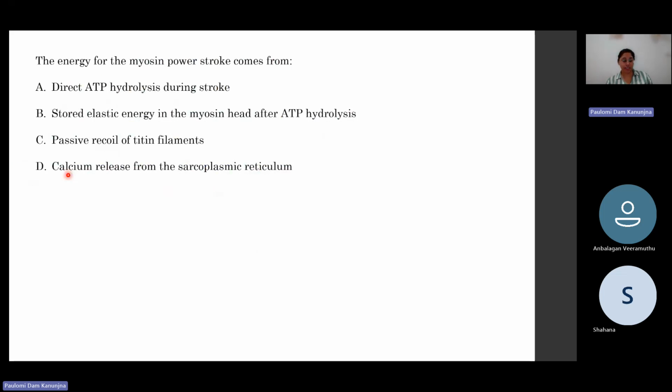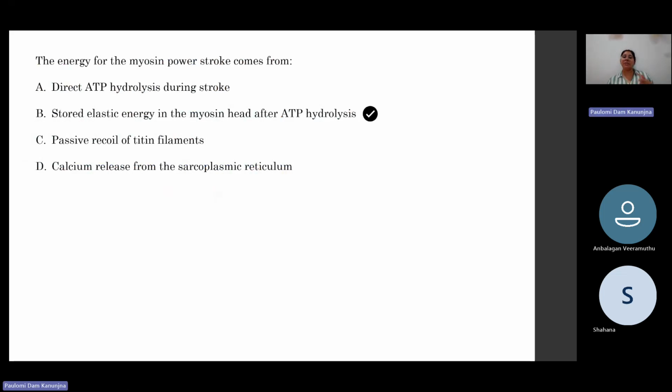Yes, for this part. So the energy for the myosin power stroke, or this movement of actin and myosin, where does this energy come from? It comes from B. Yes, exactly.